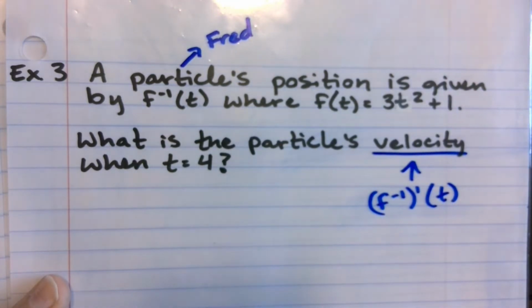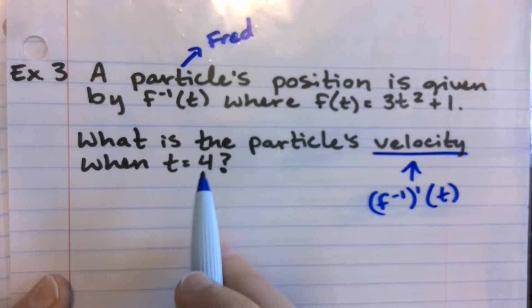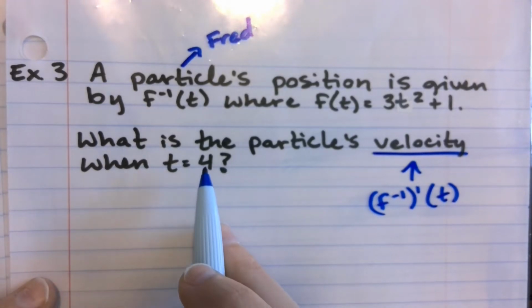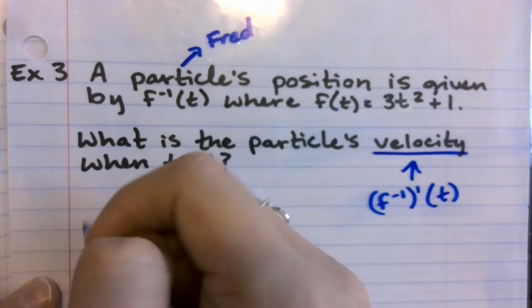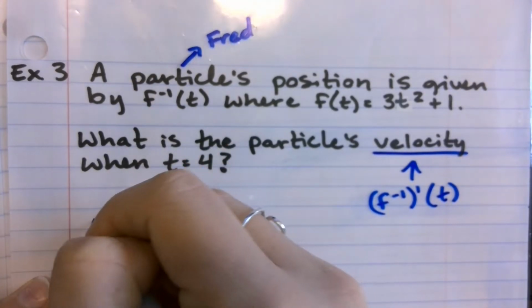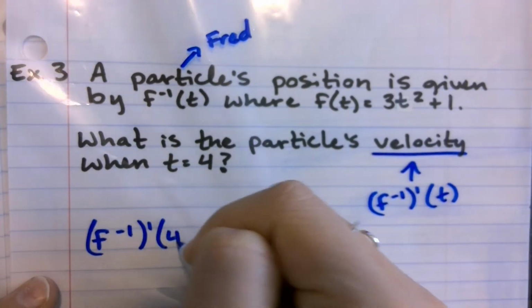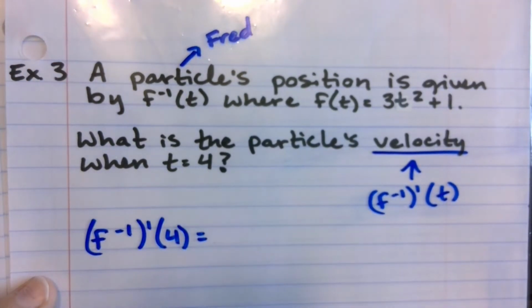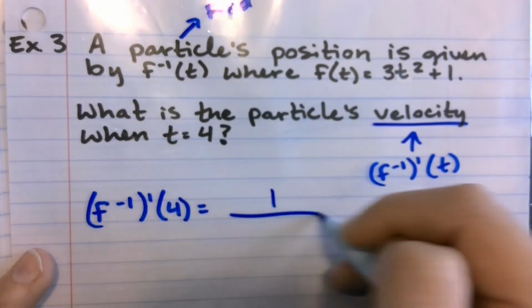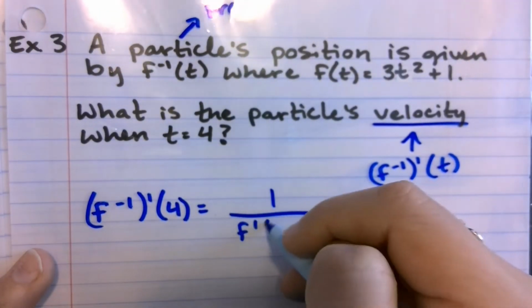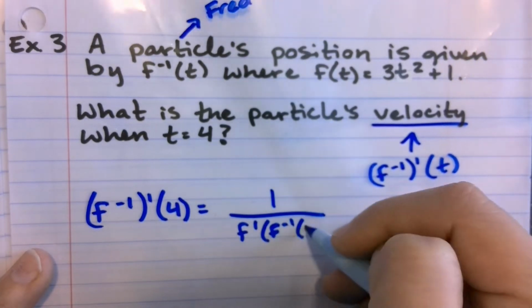So that's a little trickier to work with. But I'm talking about a specific point. So if I'm trying to talk about just at t equals 4, that means that I'm just trying to figure out f inverse prime of 4, which is what we've been doing. So we're looking at 1 over f prime of f inverse of 4.